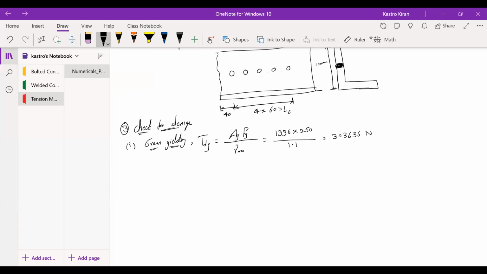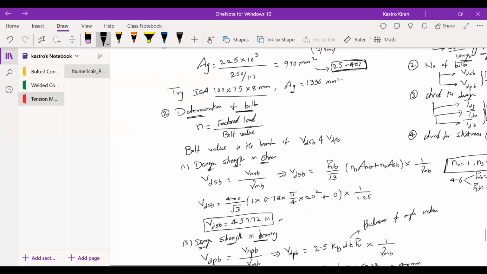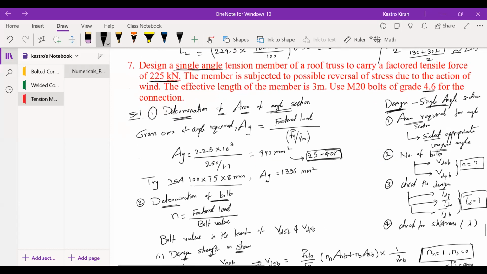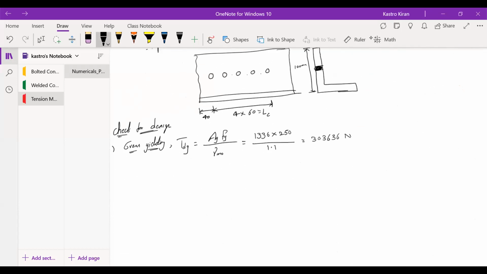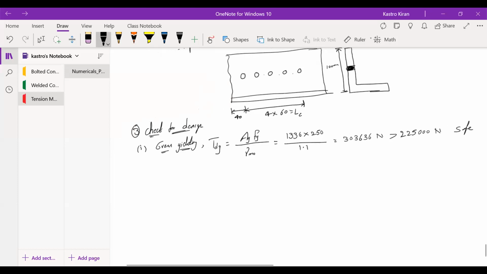Now, how will you know whether it is safe or not? It has to carry 225 kilonewtons of load, that is 225 into 1000 in newtons. But our section is carrying more than is required, so it is in a safe condition. So that's the first thing, the gross yielding.